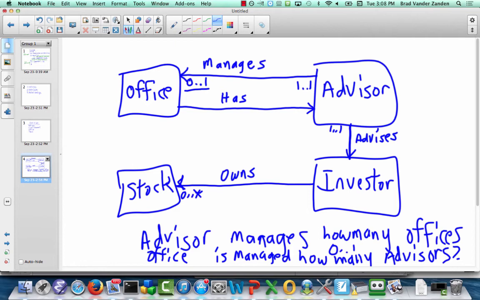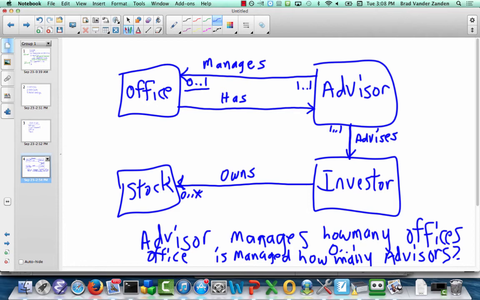Okay, other questions? Okay, E. An investment advisor has a name, a unique advisor number, one or more clients that the advisor services, and an office to which the advisor belongs. We got some important information there.